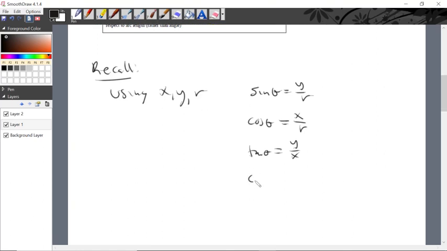Then we also had that the cosecant of theta was equal to r over y. The secant of theta is r over x, and the cotangent of theta is x over y. Okay, so we already had this from before.